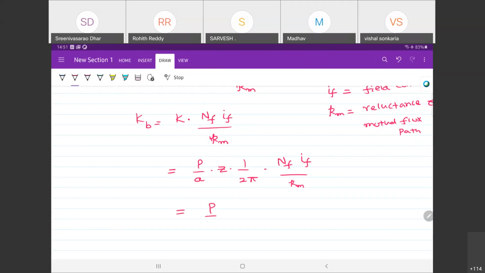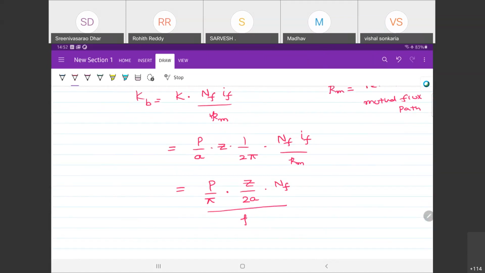So it is P by pi into Z by 2A into NF by the reluctance into this IF.